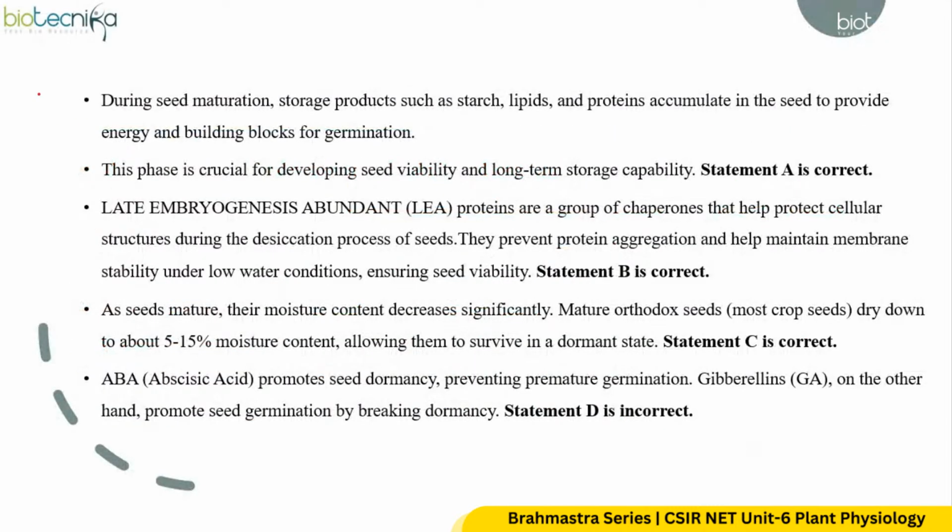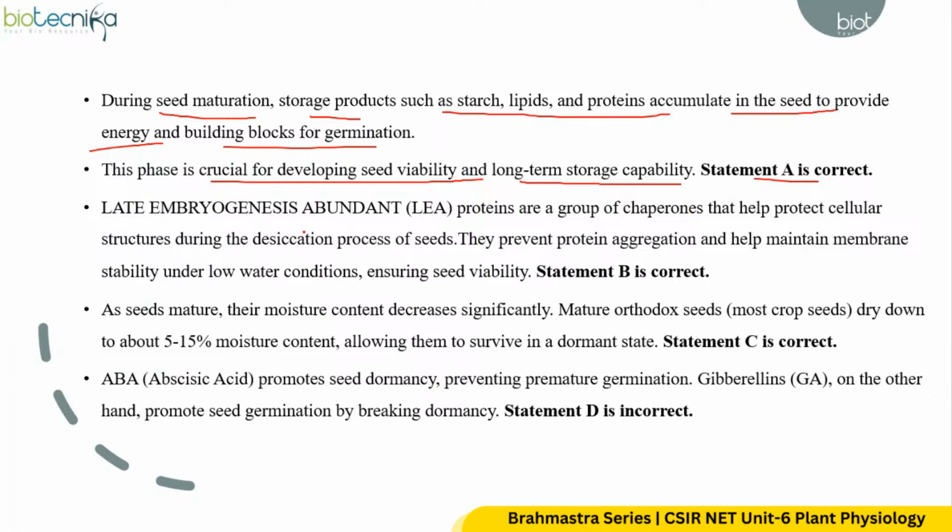So, see, during seed maturation, storage products such as starch, lipids, and proteins accumulate in the seed to provide energy and building blocks for germination. This phase is crucial for developing seed viability and long term storage capability. That's why statement A is correct. If you remember, I told you that there are some genes which need to be expressed at the time of maturation.